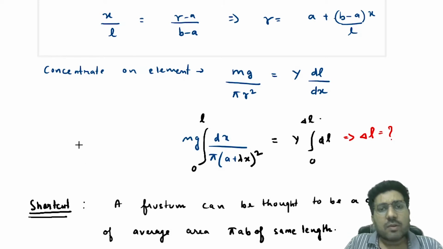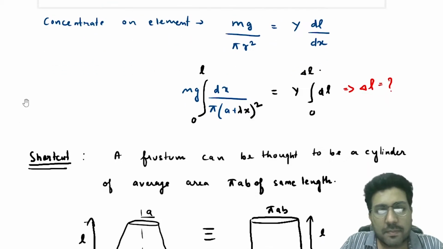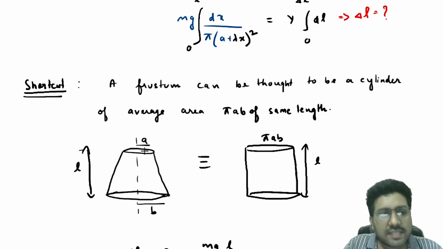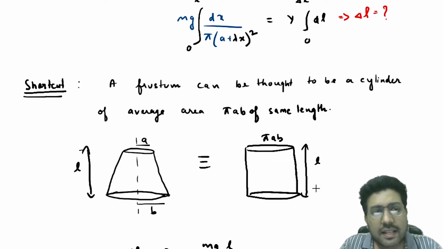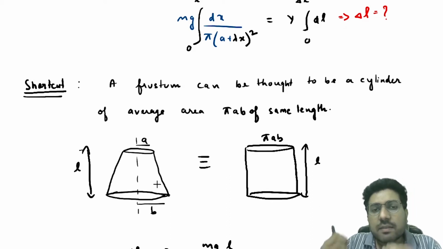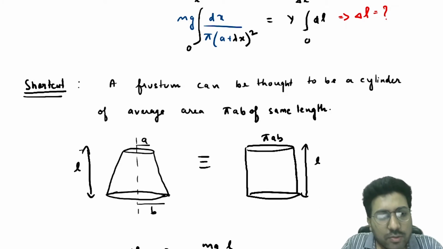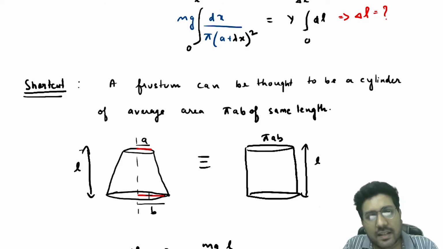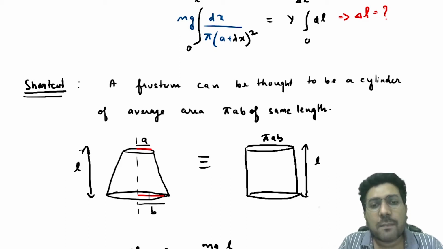Now there is a shortcut to this, and this is very important. I'll tell you, you can treat this frustum to be a cylinder. You can think of this frustum as a cylinder of same length, and area of cross section pi AB, pi into upper radius multiplied by lower radius. So you can treat this frustum as a cylinder of average area pi AB.